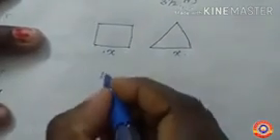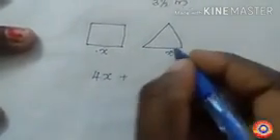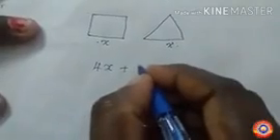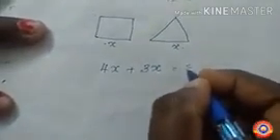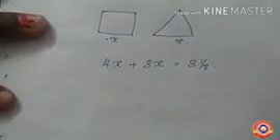So we can take the side as x. Here the length of the first piece becomes the perimeter of the square, so it is equal to 4x. And the length of the second piece becomes the perimeter of the equilateral triangle. Their sum must be equal to 3.5.